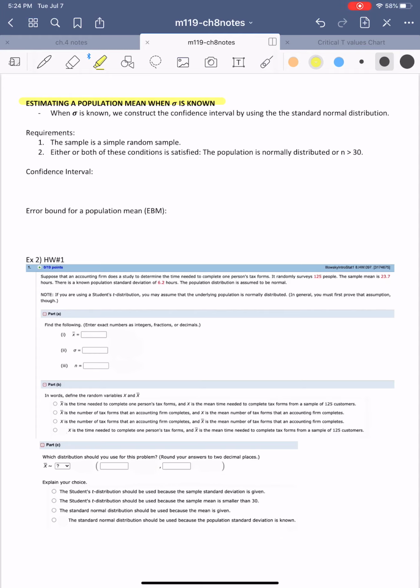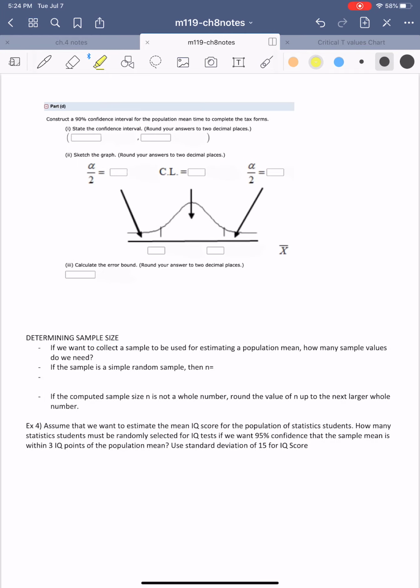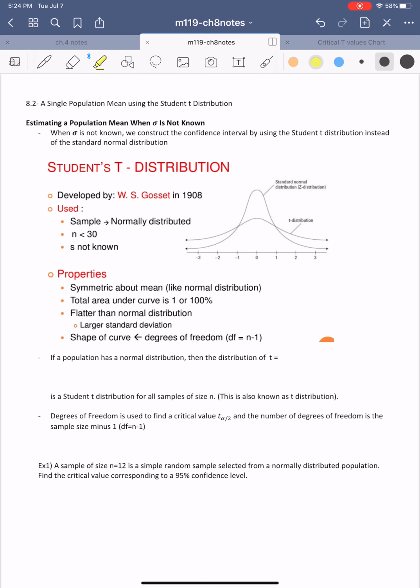So you have to determine whether you know the population standard deviation or you don't. If population standard deviation is known, we use the normal distribution curve. Now, this is a little bit later. Sometimes the problem may not give you the population standard deviation. That's 8.2, estimating population mean when sigma is unknown. Then we are going to use not a normal distribution because we don't know the sigma.